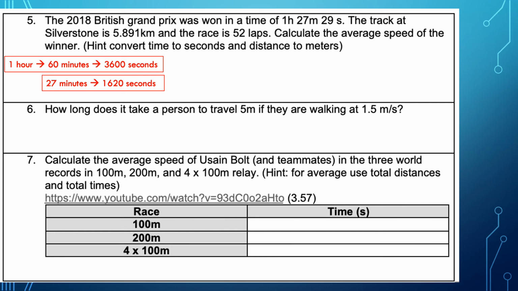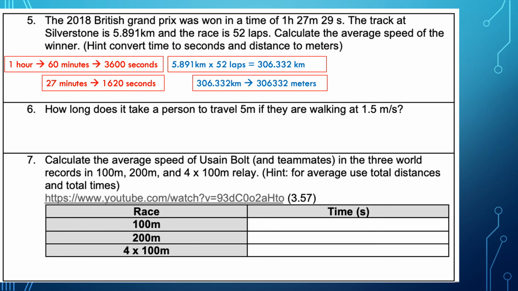So I've done the second step, so I've multiplied 5.891 by 52, and so that'll give you the total distance that was traveled by the cars, right? Because if they traveled 5.891 kilometers 52 times, right, then they've traveled a total of 306 kilometers, and all you have to do is change that into meters, right? So changing kilometers into meters, again, is one of those skills that you need for converting, and to do that, you just multiply it by 1,000, because there are 1,000 meters in a kilometer.